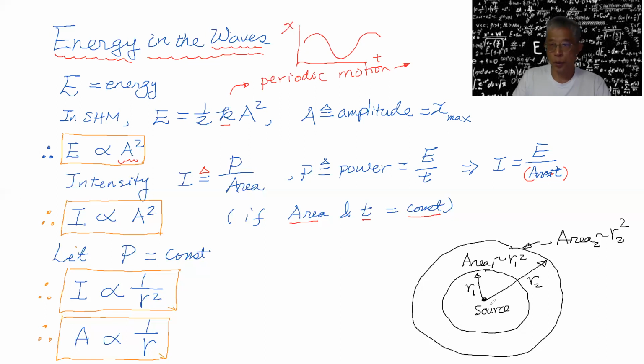Now if we say P is constant, which usually is the case. If you have a light source, the source power is usually constant. How much energy you send out in a certain time is in the unit of watts.